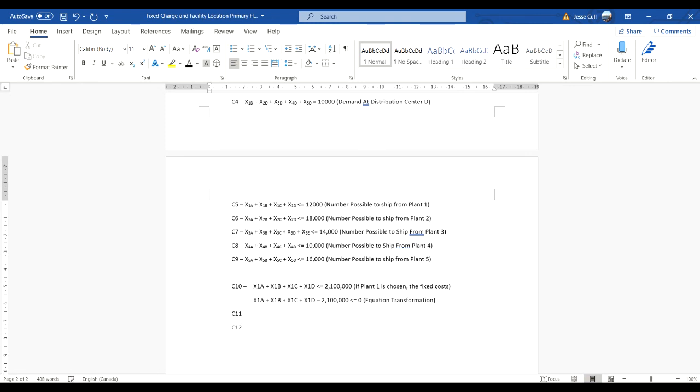So we'll go down, we'll do C11, C12, C13, and C14. And these are going to represent our 5 possible plants, which remain open and which remain closed.